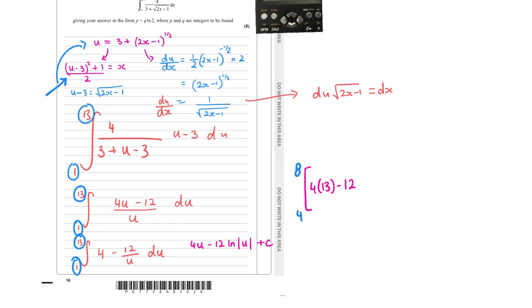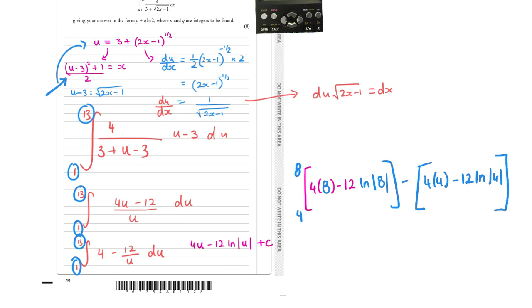Okay, so now make sure that we're doing this properly. Make sure you have a checklist of everything that you need to do when substituting. So I'm going to get 4 lots of 8 minus 12 ln 8 minus. Now we're going to substitute 4 in. 4 lots of 4 minus 12 ln of 4. Okay.